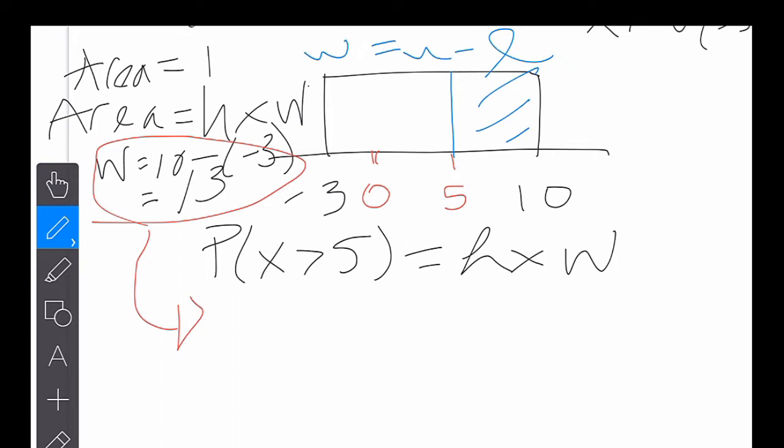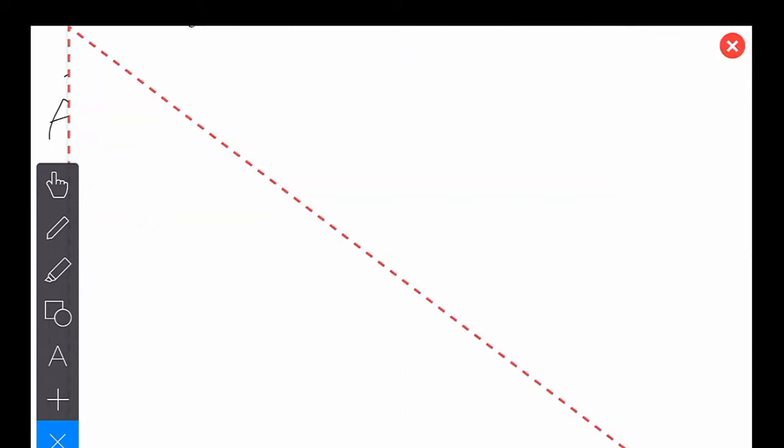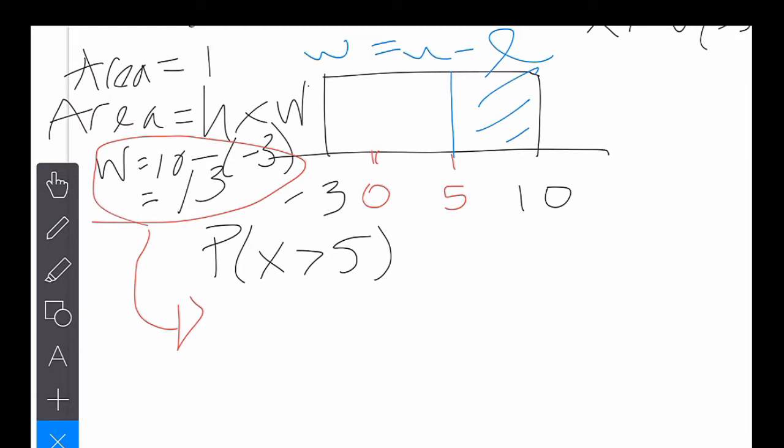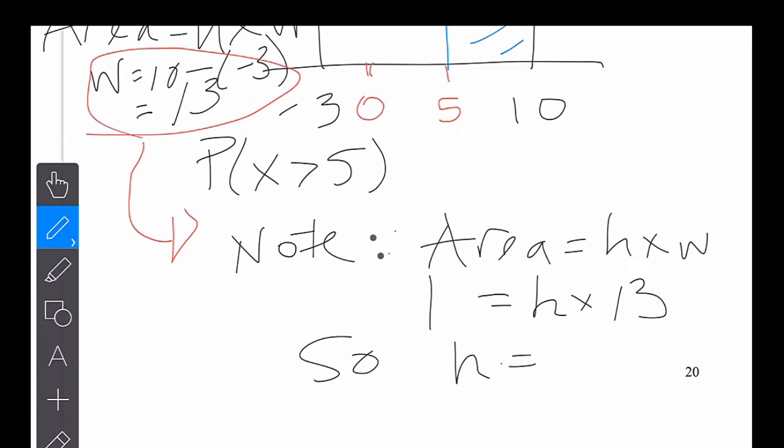So for now, note the whole area equals height times width, which means 1 is equal to height times 13. So height has to be 1/13.